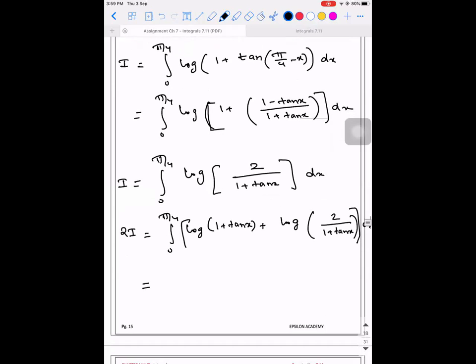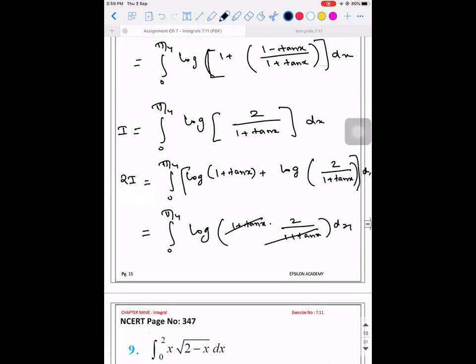So log a plus log b is going to give us log ab. So (1 plus tan x) into 2 divided by (1 plus tan x). What will happen? This and this are gone. So log 2 will come. So log 2 into integral of 0 to pi by 4 dx is nothing but 2I. Don't forget this 2I, okay? So 2I will be equal to log 2 into pi by 4.